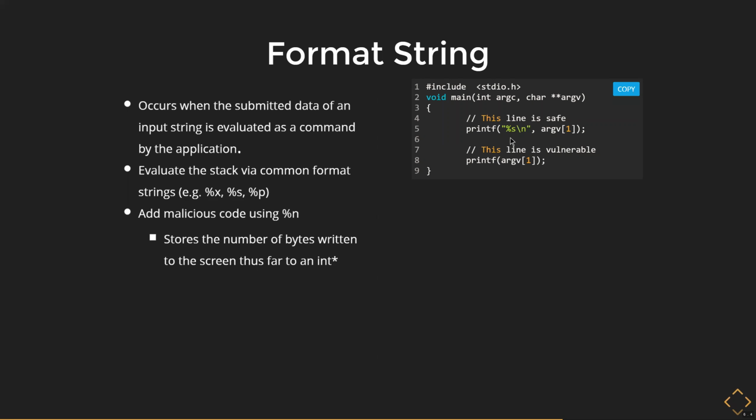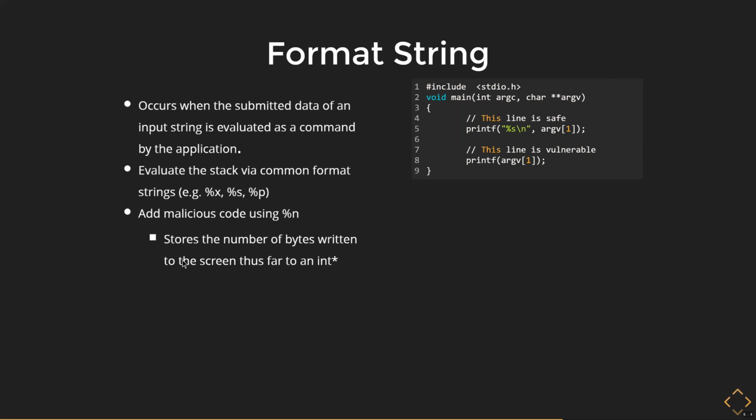The user can use format specifiers, like %x, %s, %p to essentially hijack the program. And the malicious one is %n. It stores the number of bytes written to the screen thus far to an integer pointer on the stack.